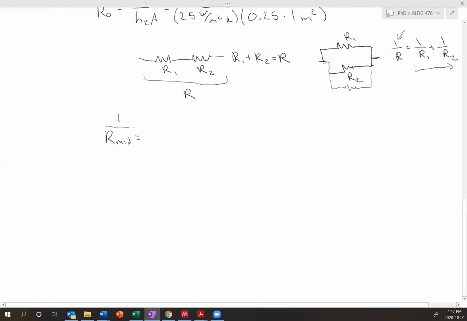So we'll do 1 over R mid is going to be equal to 1 over R3 plus 1 over R4, which is 1 over.